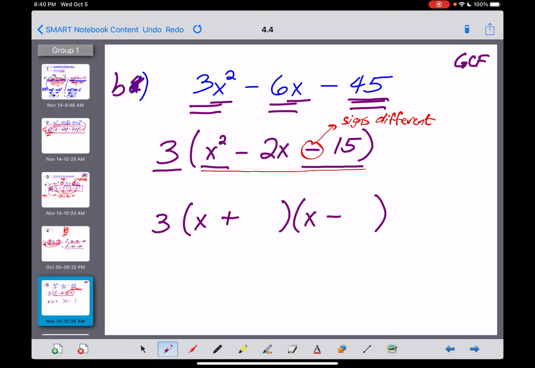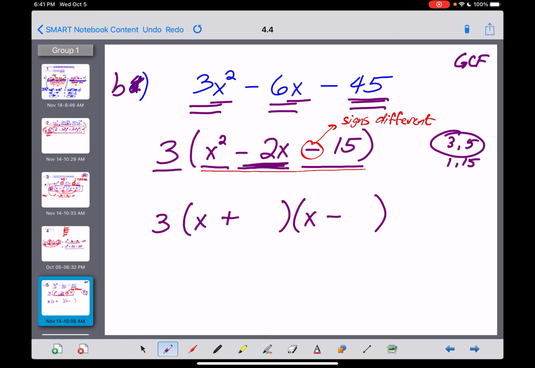And now we're looking for two numbers here that multiply to that negative 15 and they're going to combine to a negative 2. So factor pairs for 15, it's either 3 and 5 or it's 1 and 15. 3 and 5 have a difference of 2. And this is going to be a difference because the signs are different.